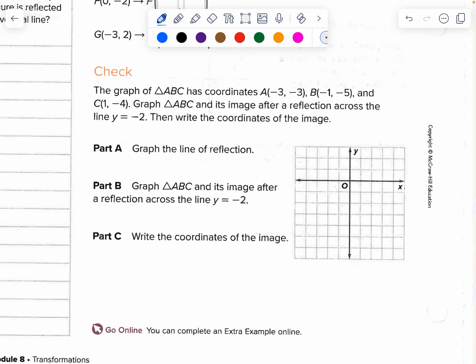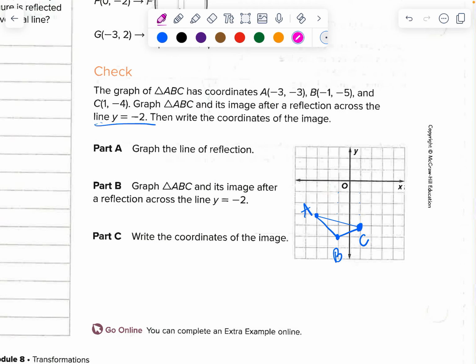We're going to go -3, -3. We have A. And then we have -1, -5. And then we have 1, -4, and we have C. Okay, so then it says to reflect the image across y equals -2.